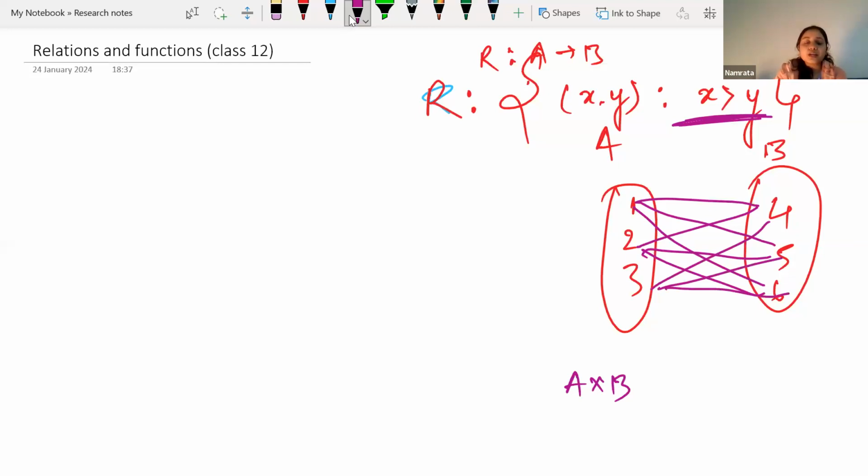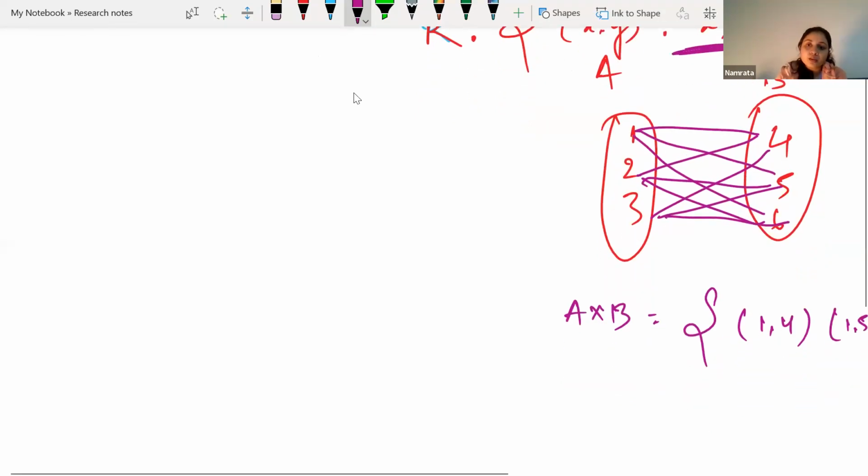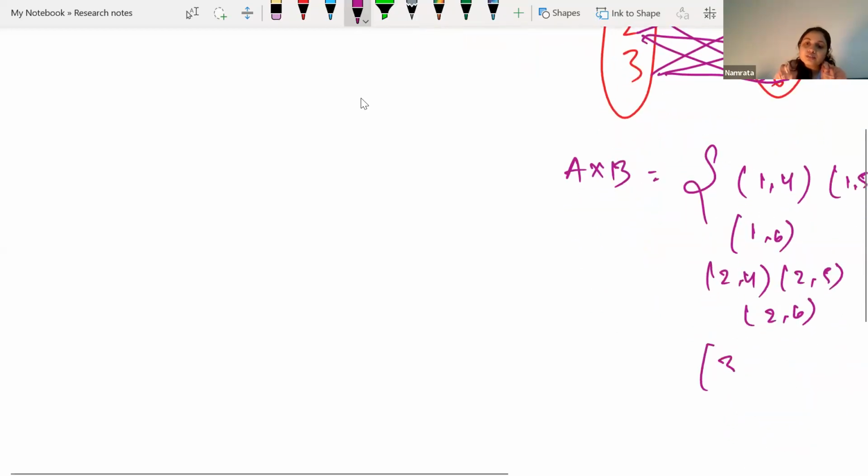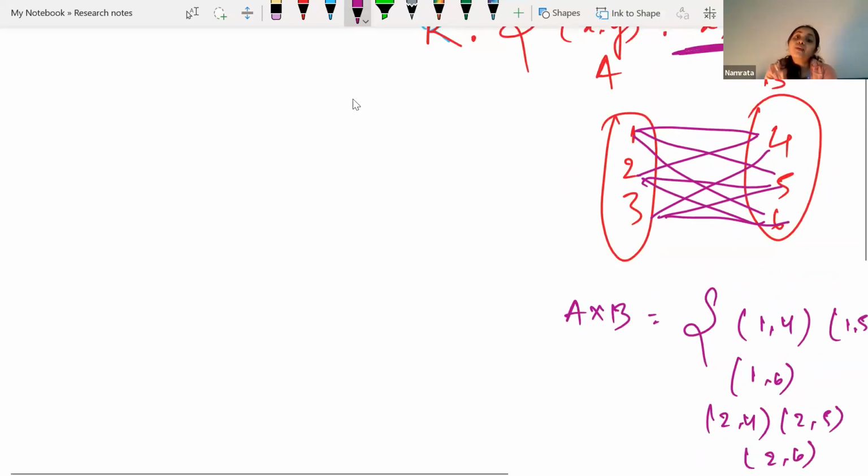This is how we used to take the ordered pairs when we were finding the Cartesian product in class 11. We used to take all the possible arrangements. Now, whenever we are having a relation, it is just a subset of this Cartesian product.